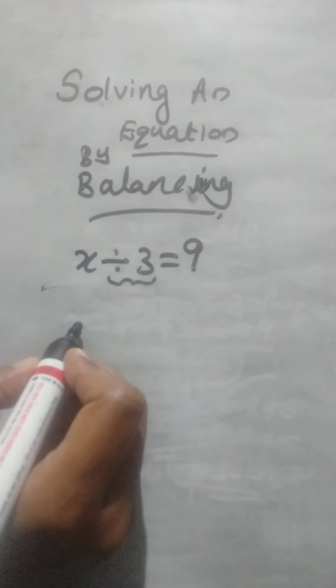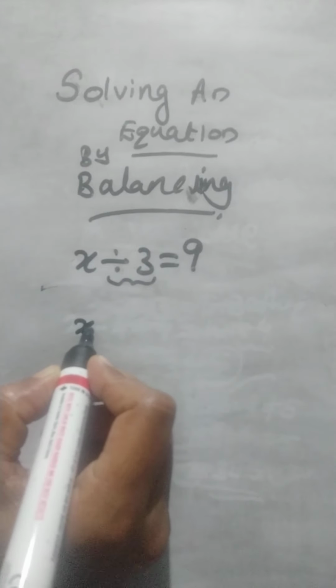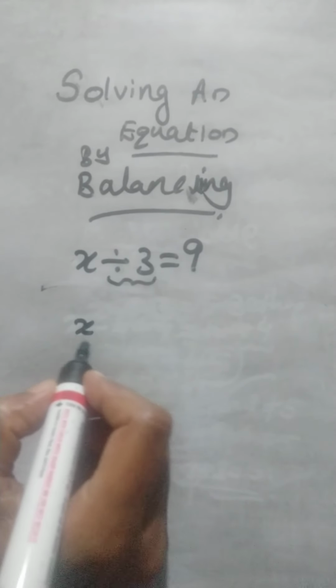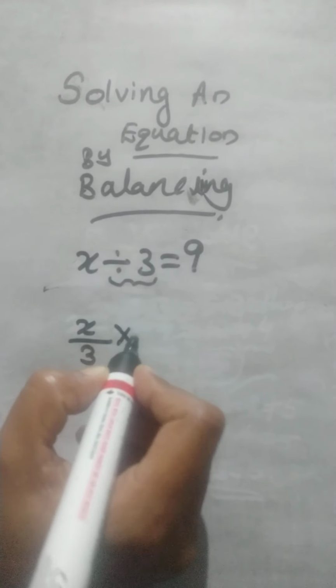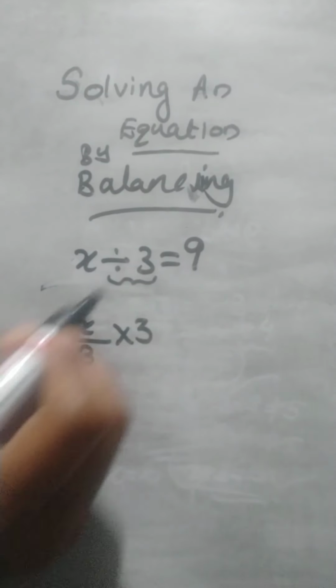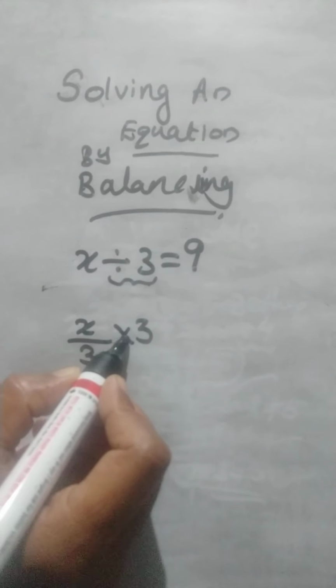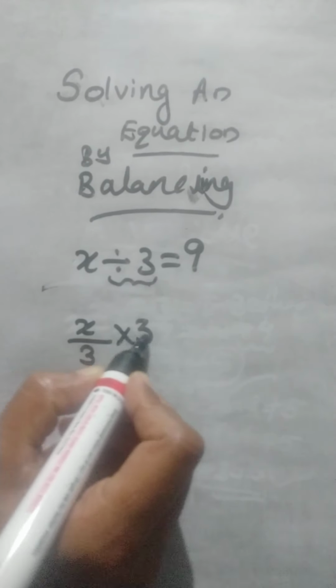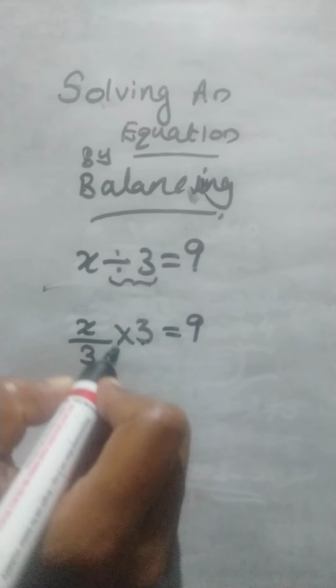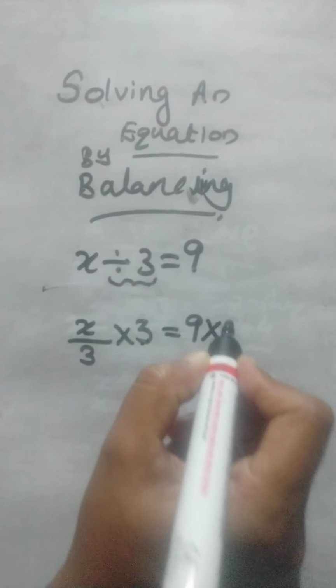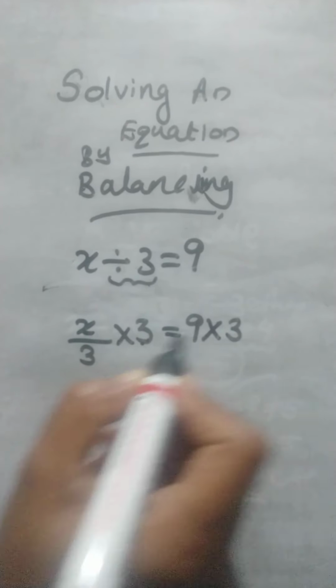So x divided by 3, we can write it this way, times 3. Here dividing by 3, we do times 3. We have to balance our equation, so we have to multiply the RHS also by 3.